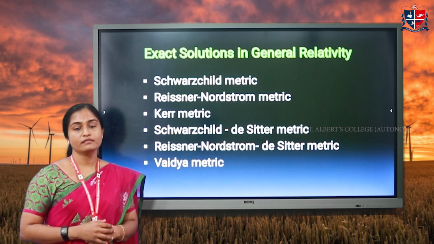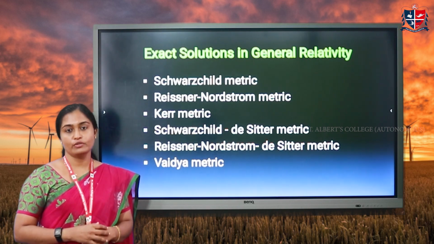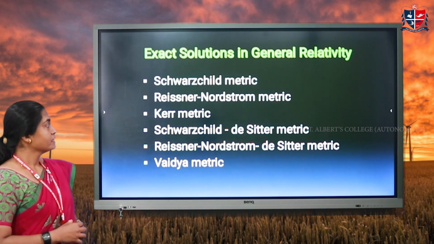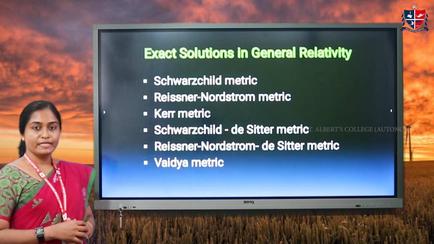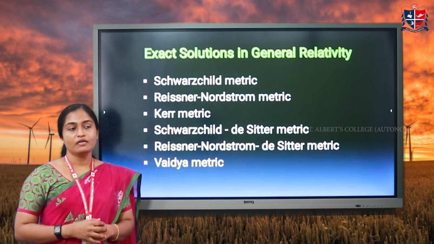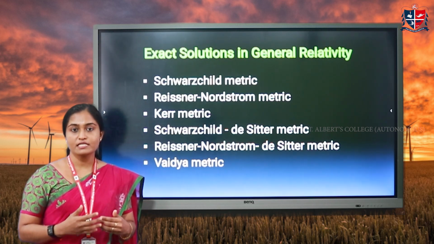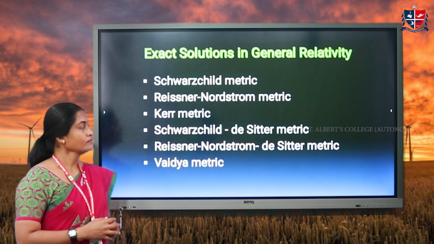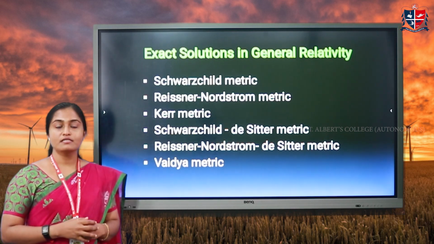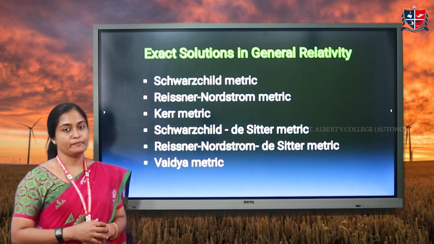It's a non-rotating, spherically symmetric star, so that's a perfect fluid solution. Then the Reissner-Nordstrom metric. This is also a spherically symmetric solution in which the source can be considered as a point static charge. Now the Kerr metric is the first exact solution for a source with angular momentum.